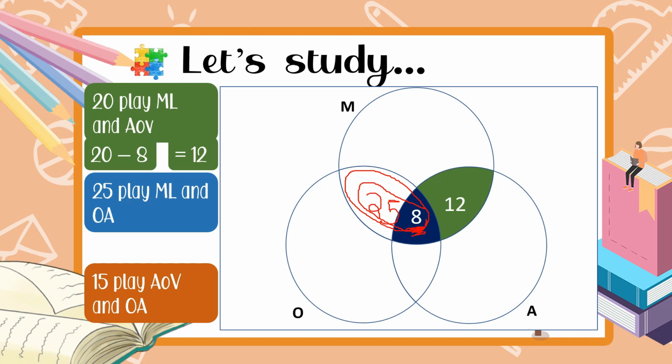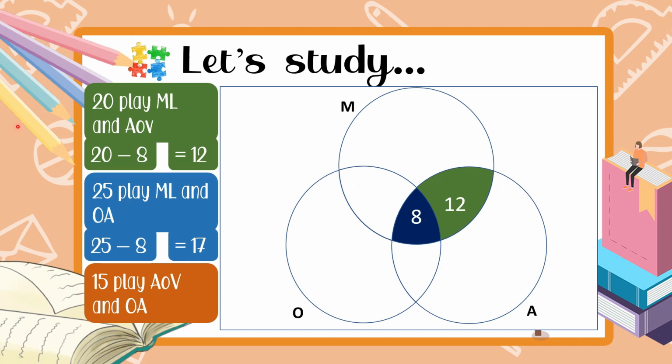So, what we're going to do is subtract 8 from 25. So, we will have 25 minus 8. The answer is 17. Okay, 17 yung nandyan.